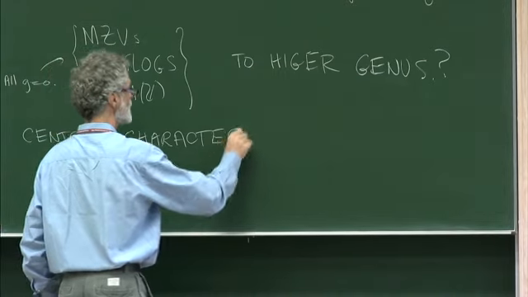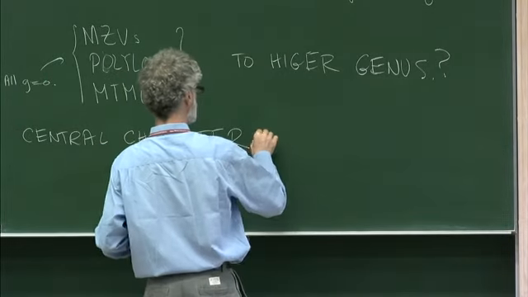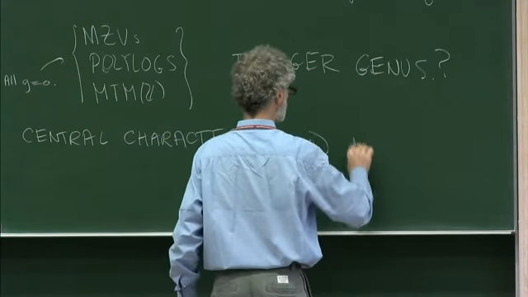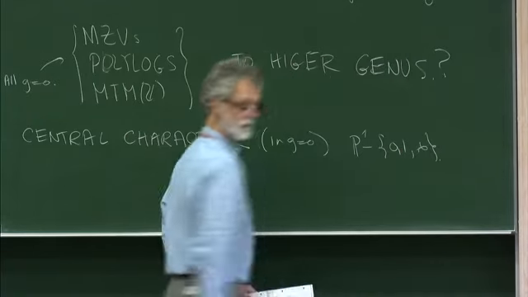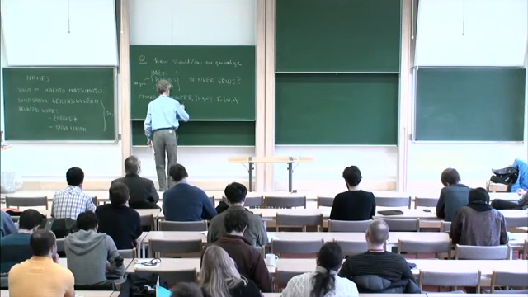so let's just ruminate a little bit on this. There's a central character in the g equals 0 case, P1 minus 0, 1, and infinity, right? And the question is, what is it?